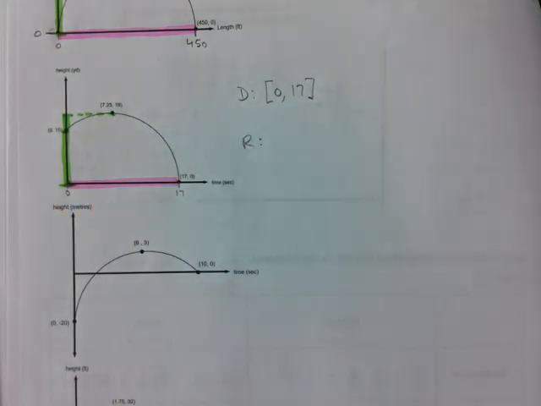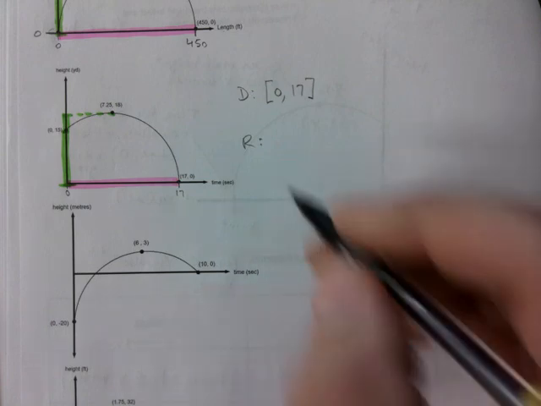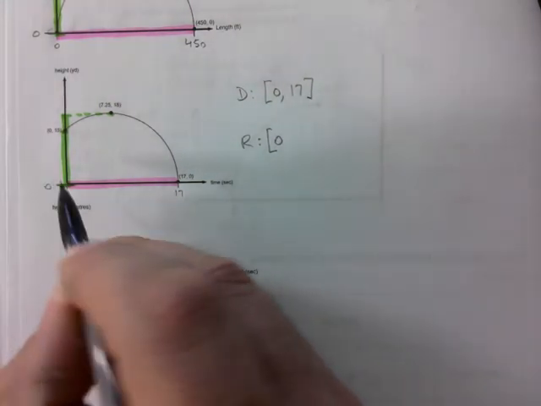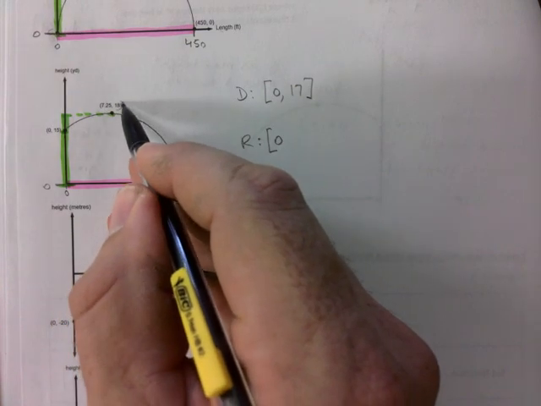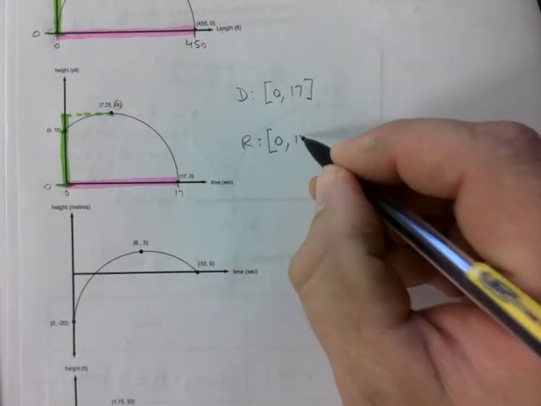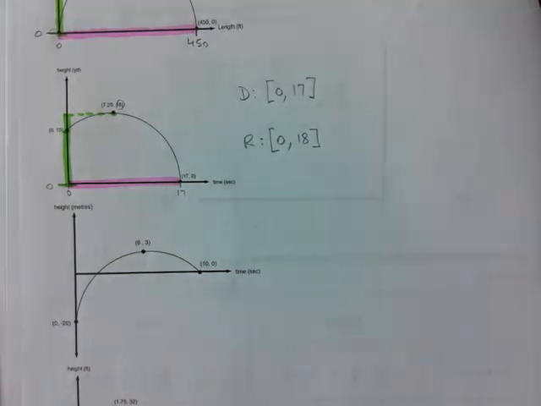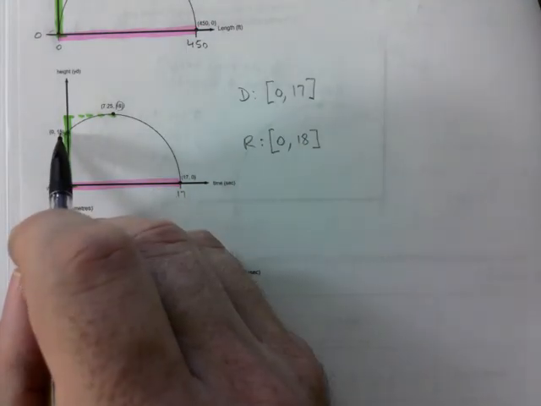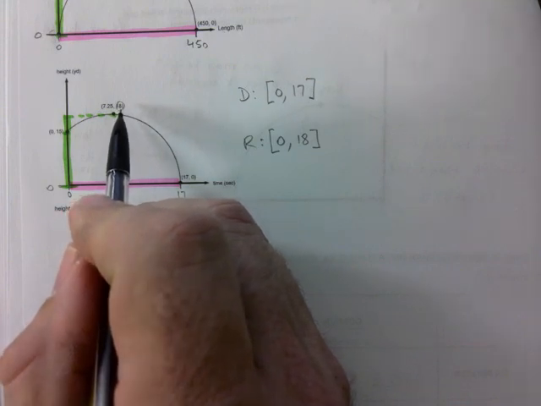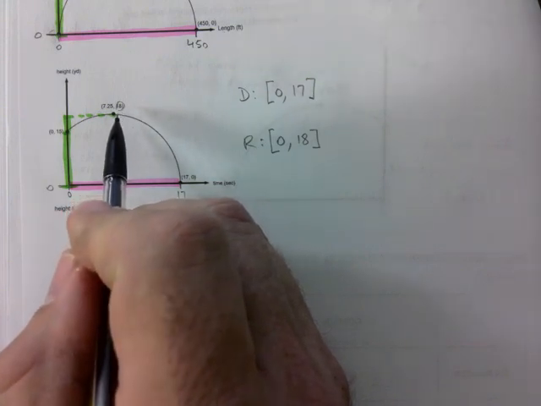So as long as you see a curve, you've got to keep going. So it goes from 0 all the way to 18. Sorry, did I say 18? Yeah, 18. So you go from 0 to 18, not 15. So the vertex is always most likely going to be part of your range.